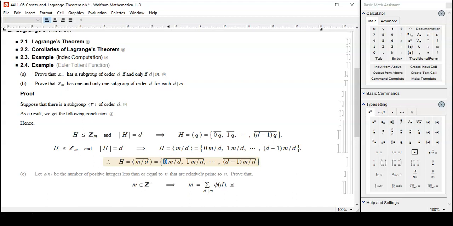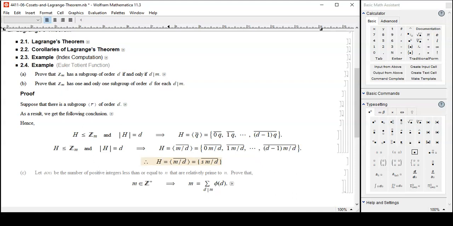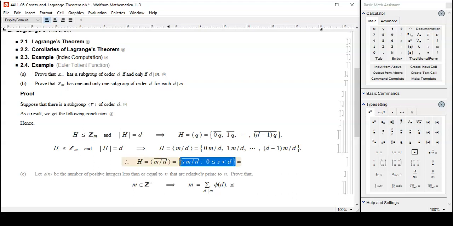So let's write like this. Like this. Or if you prefer, you can rewrite like this as well.